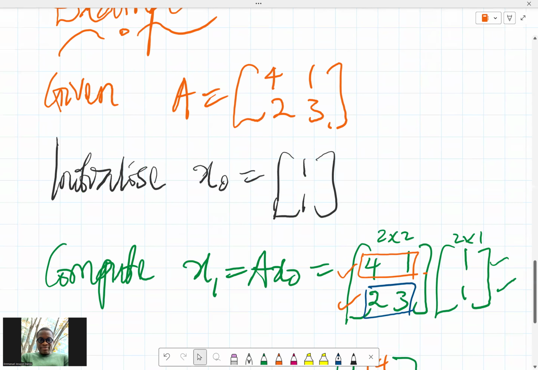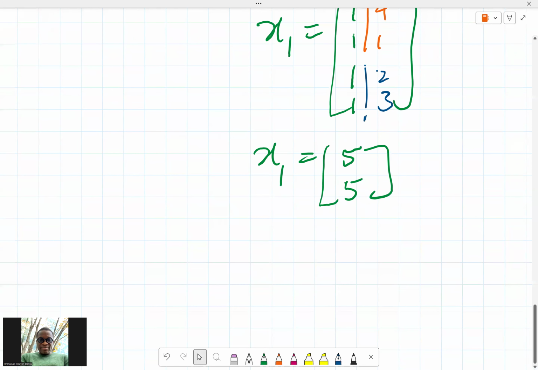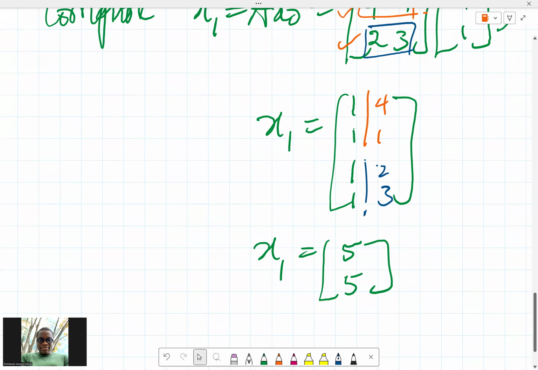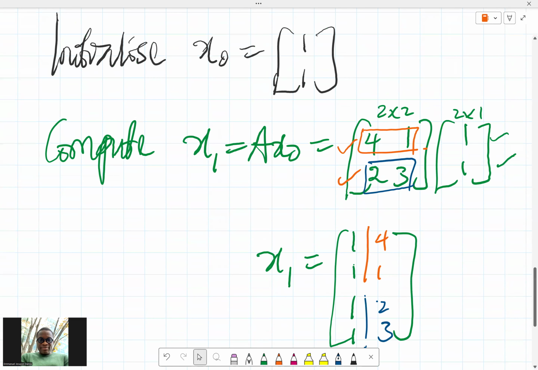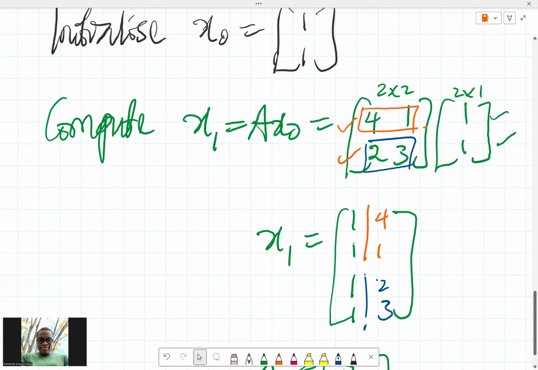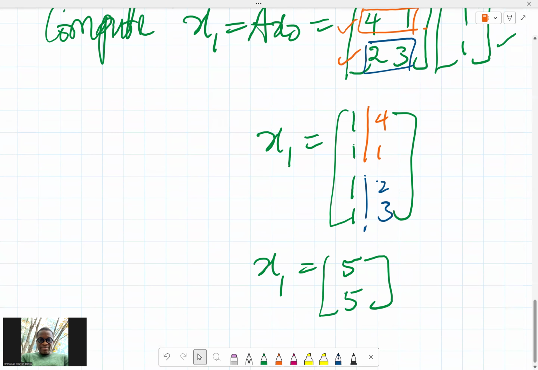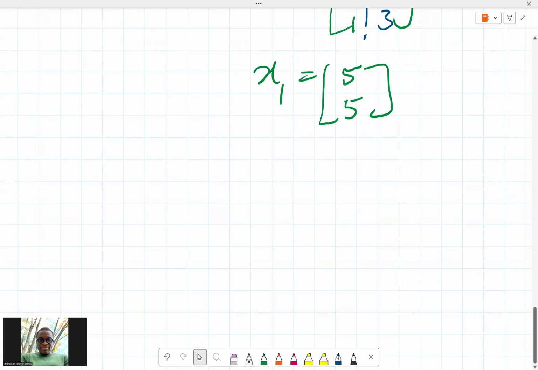So that's that. The next thing is we are talking about the iterations now. This is actually the first iteration. So we have x1, and we now need to get lambda 1.